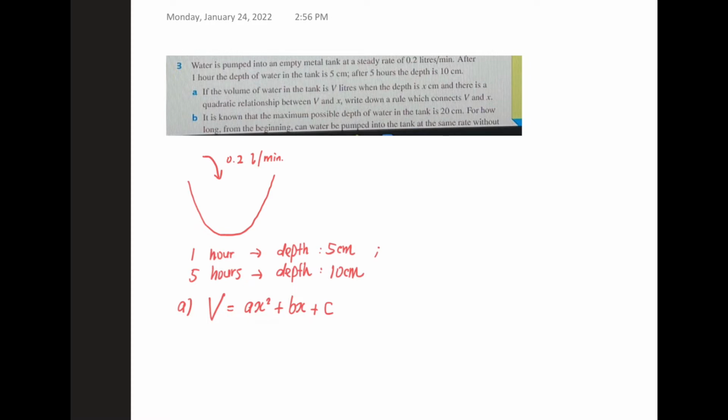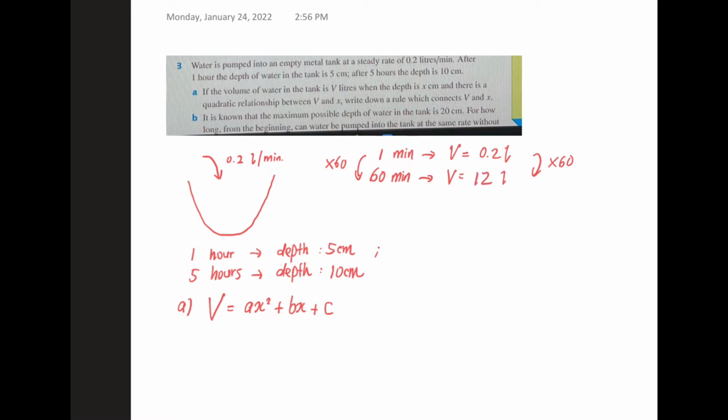In 1 minute, the volume is 0.2 liter. Now for 1 hour, there are 60 minutes, so I have to times 60. So the volume is hence 0.2 times 60, which is 12 liter.